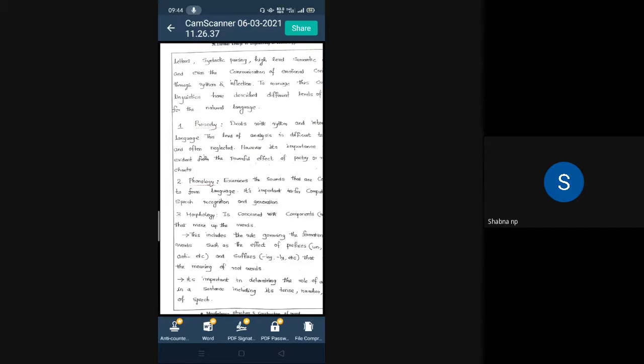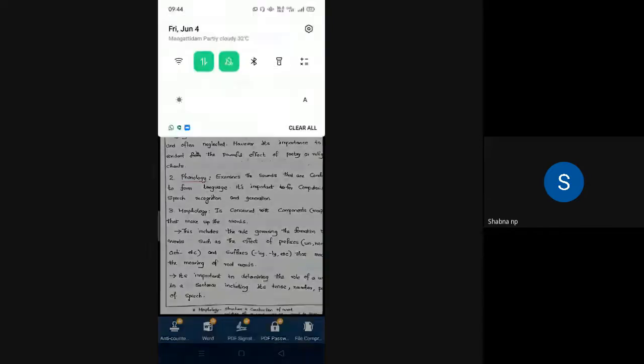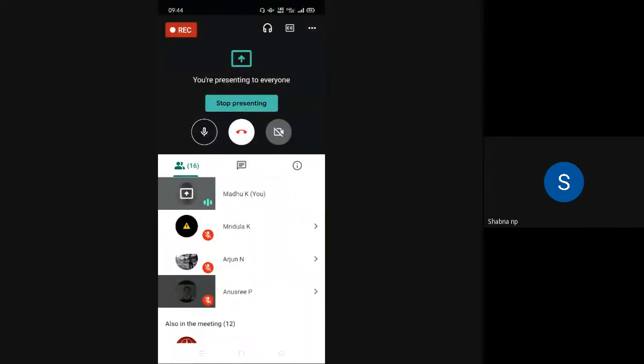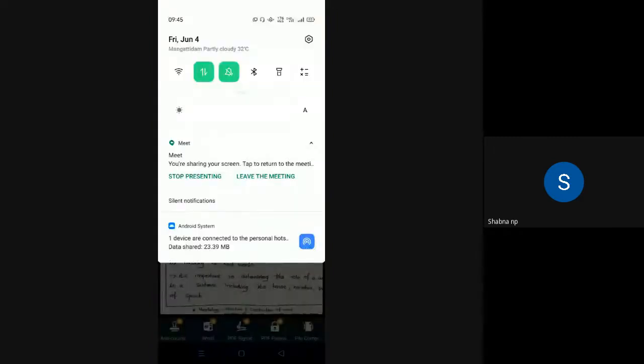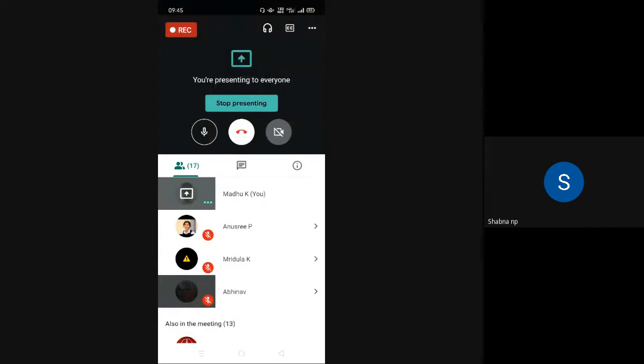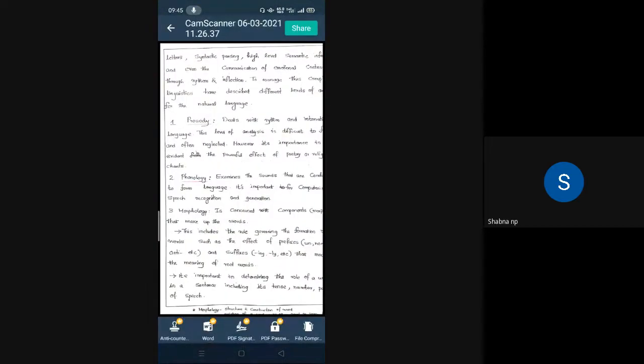Morphology is concerned with the components that make up the word. So that is about morphology.